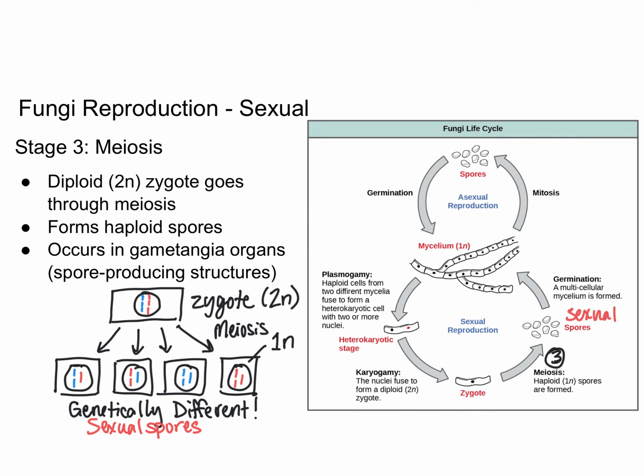Now, this is different from the spores that we made during asexual reproduction. The asexual spores are genetically identical to each other and to the parent cell that they were formed from. But these sexual spores are genetically different from each other and genetically different from the original cells that they were produced from.